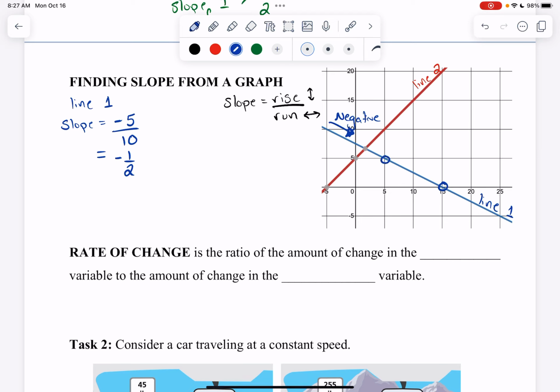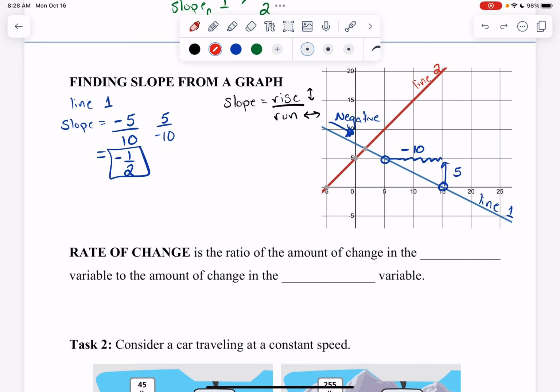Well, if I'm going from 15 over here to 5, I go up first. So I would go up 5. So that'd be positive. But then I go to the left, which is -10. So then I would have 5 over -10, which guess what? That still simplifies to -1/2. Okay, so when you go to the left, it's negative, and when you go down, it's negative, which is just how our number lines work. That's nothing new. So the slope of that blue line is -1/2.